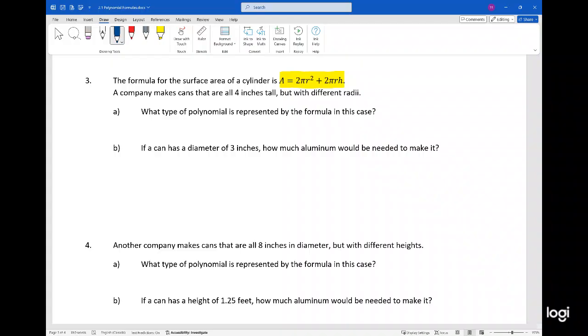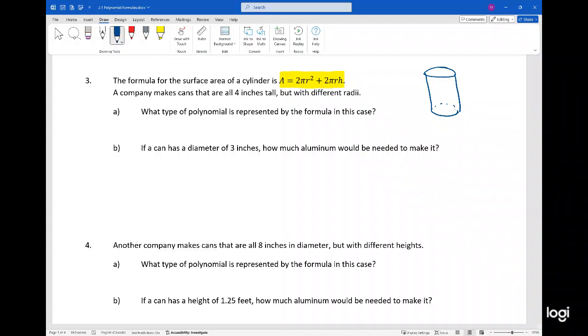If you think about what a cylinder looks like, I'm just going to draw a cylinder over here. Looks like that. And the 2 pi r squared comes from the area of the top circle, which is pi r squared, the area of the bottom circle, which is pi r squared. So there's 2 pi r squareds.